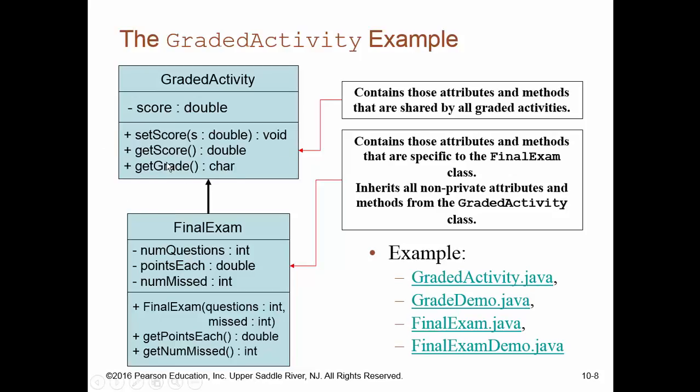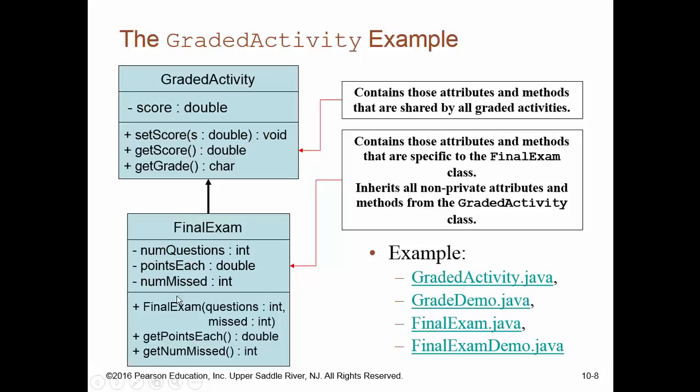That means these are all public methods. But notice that the variable score is private, which means that score is only known directly inside of graded activity. So if I want to be able to change the score in here, I have to use these methods.